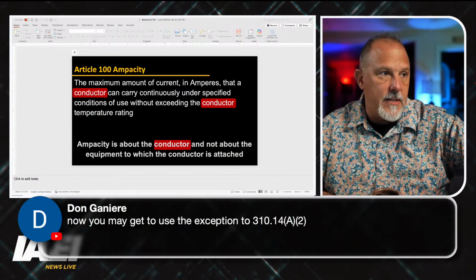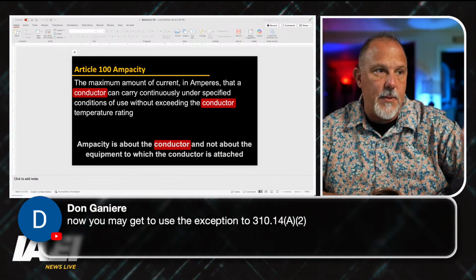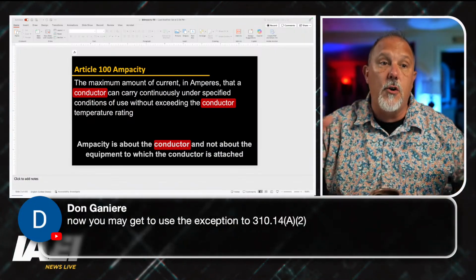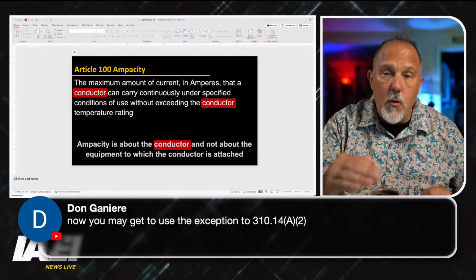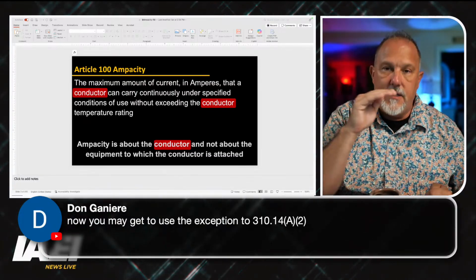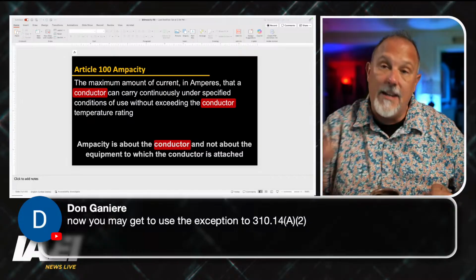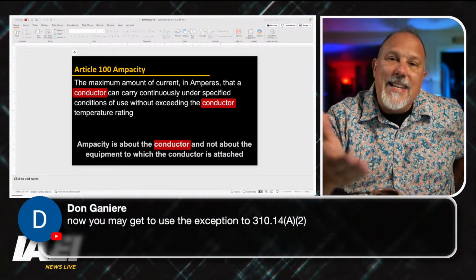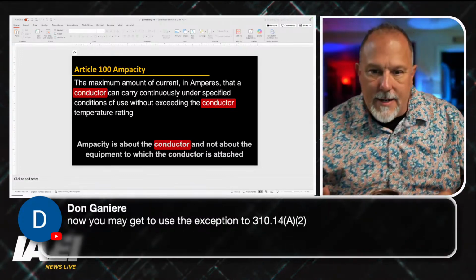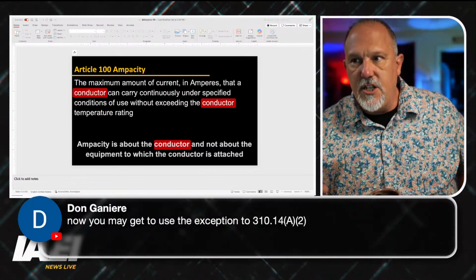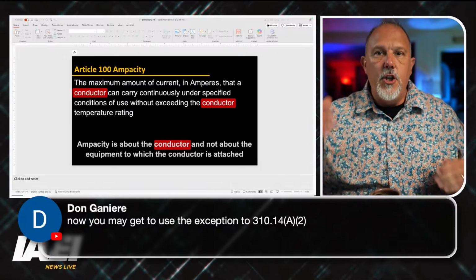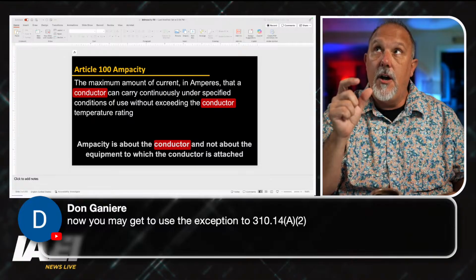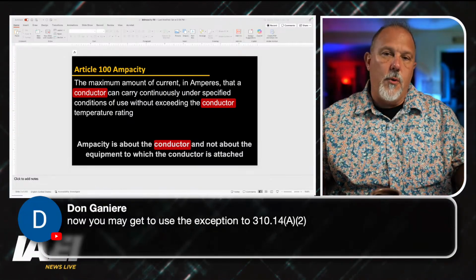says where different ampacities apply to portions of a circuit, the higher ampacity shall be permitted to be used if the total portions of the circuit with the lower ampacity doesn't exceed the lesser of 10 feet or 10% of the total circuit. Okay, so that gets you out of having to adjust the ampacity because you have a portion of it that maybe goes through a stud or a joist.